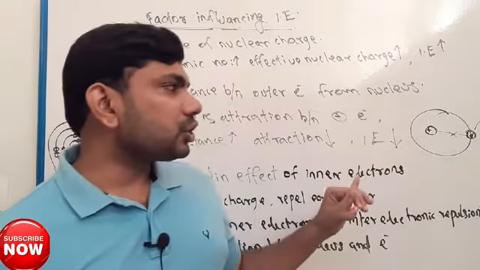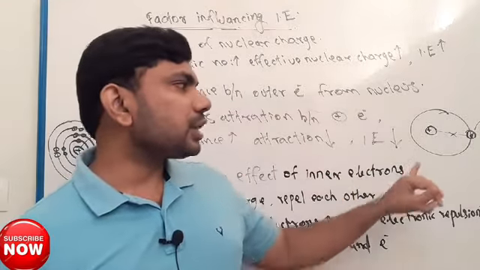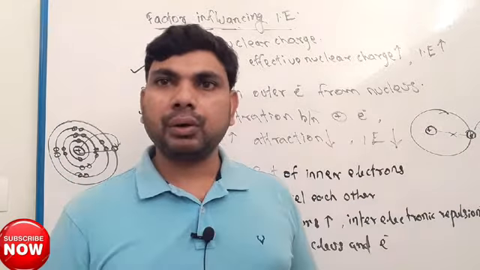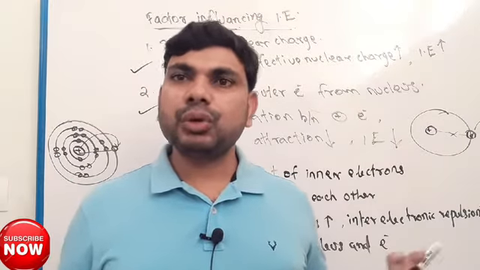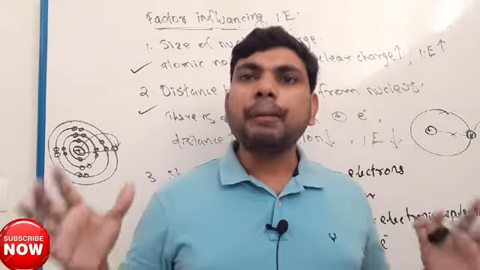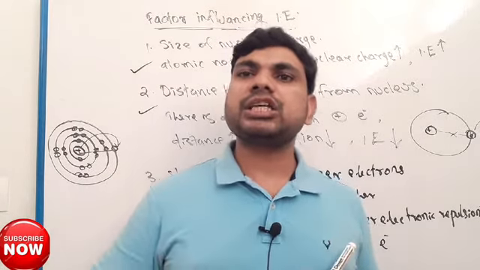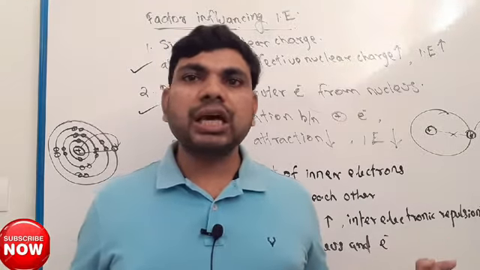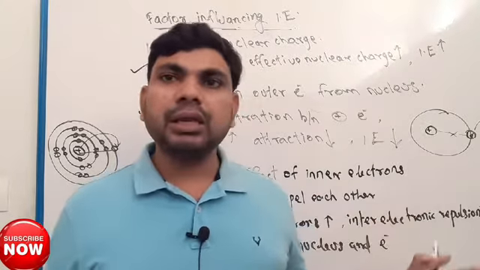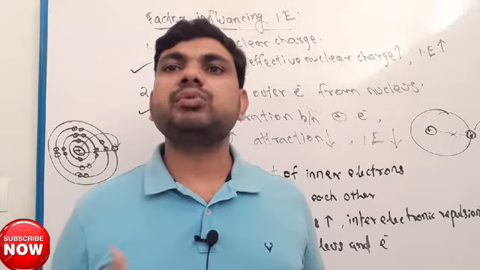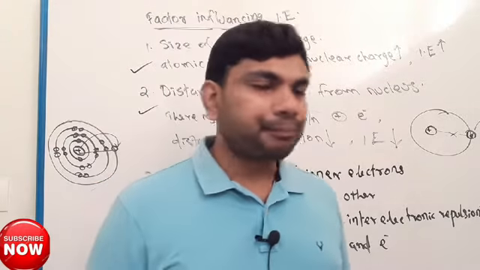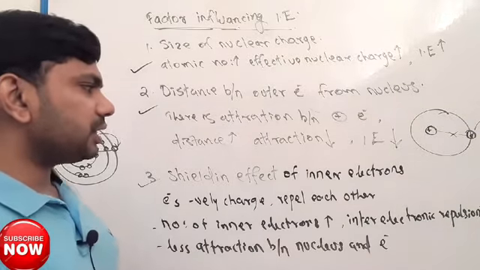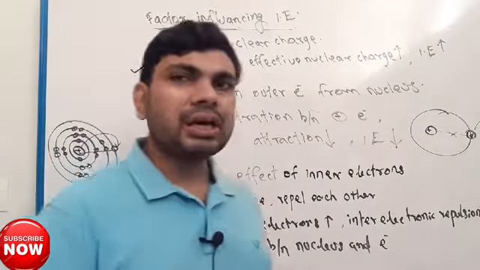Less distance means much more attraction, so ionization enthalpy increases. More distance means we have to give more energy, no, less energy to remove the outer shell electron. Now the third factor: the shielding effect of inner electrons.